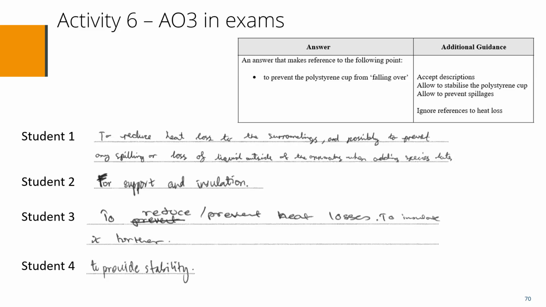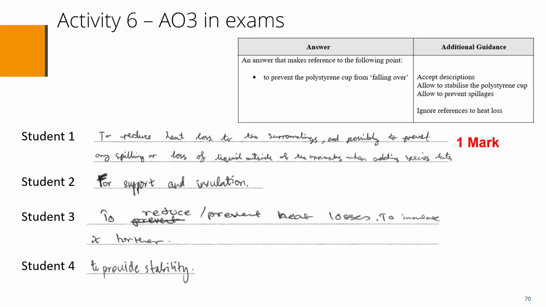Okay, student 1. And you can see we have got to prevent spilling or loss of liquid. So that scores 1 mark. To support, yeah, I think we can assume that they mean to support the polystyrene beaker.